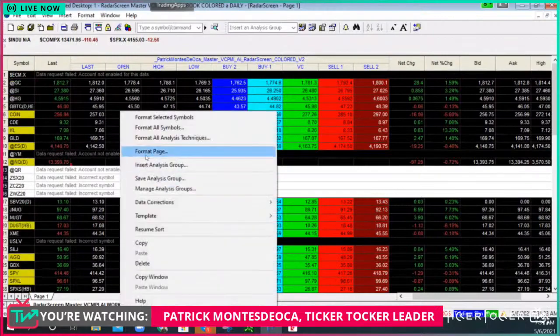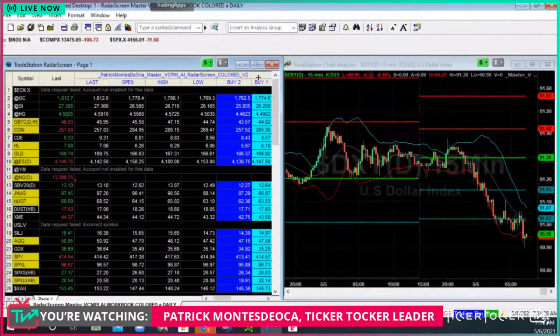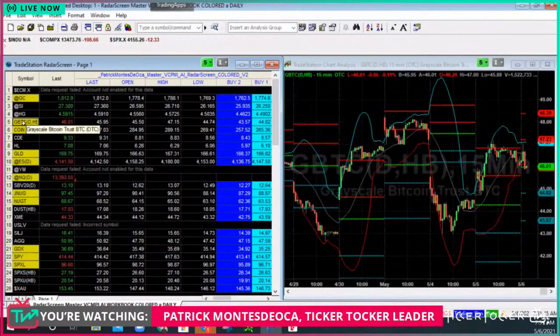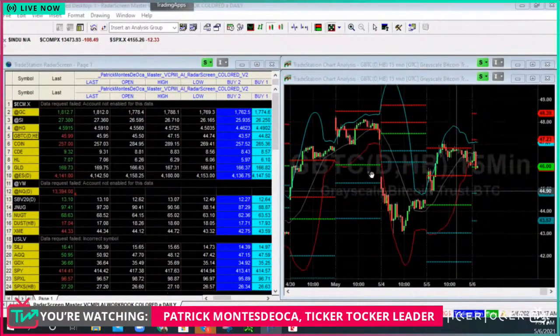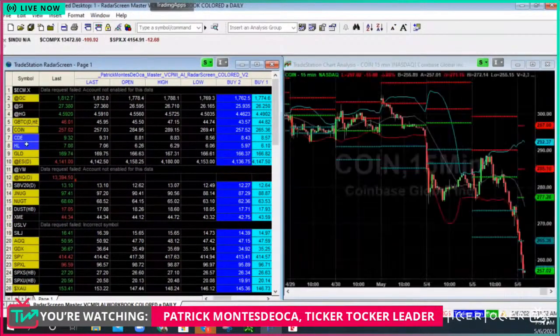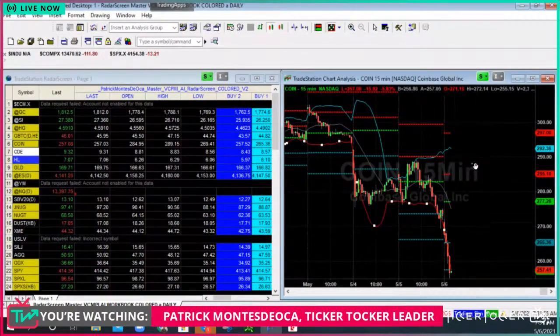A little bit of a correction here we seem to have on the Grayscale Bitcoin Investment Trust. And we also have a little bit of a further correction here on coin.